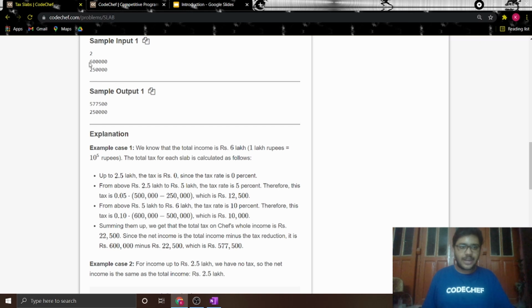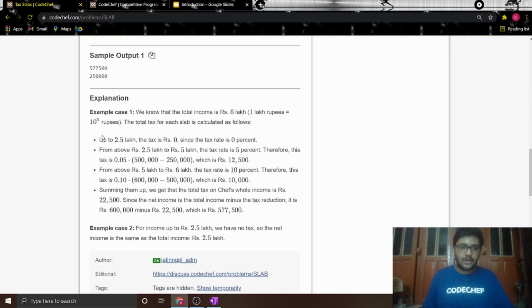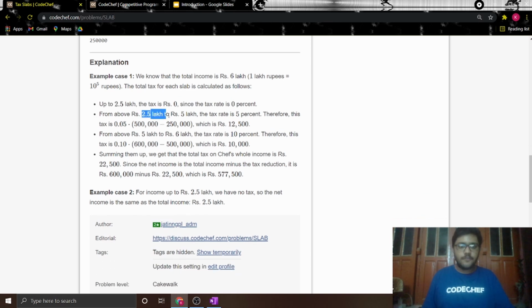Let's look at the first test case, in which the income of the chef is 6 lakh. Up to 2.5 lakh, the tax would be 0 since the tax rate is 0%. For the income between 2.5 and 5 lakh, the tax rate is 5%, so 5 lakh minus 2.5 lakh, multiplied by 5%, gives this much.